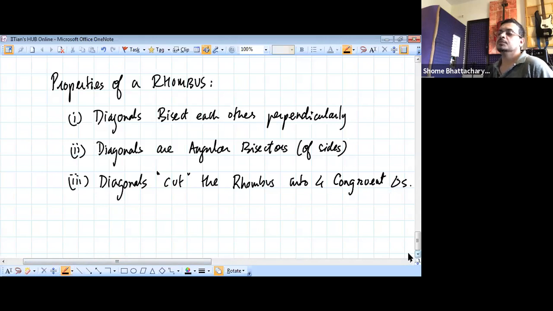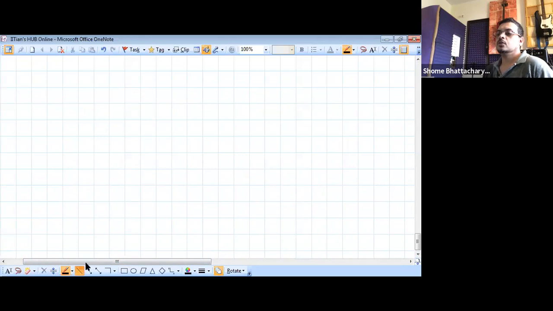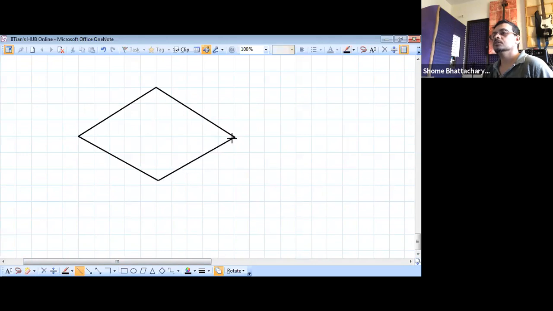Let's understand these statements. I'll just draw a rhombus and show you what we mean. Then we'll come back to the vector parallelogram becoming a rhombus. So here I'm just talking about geometry. I'm just drawing a rhombus. Whether you draw a rhombus like this, or like this, doesn't matter.